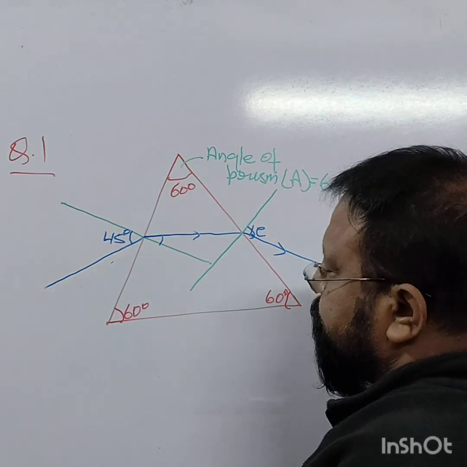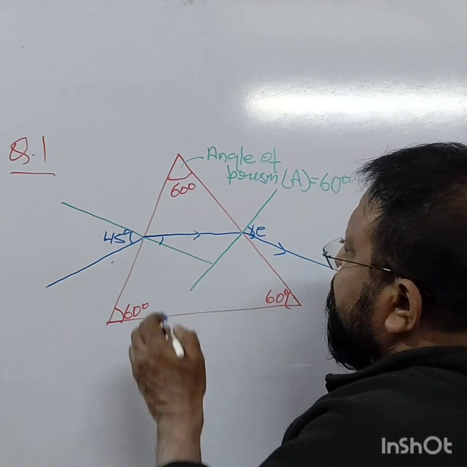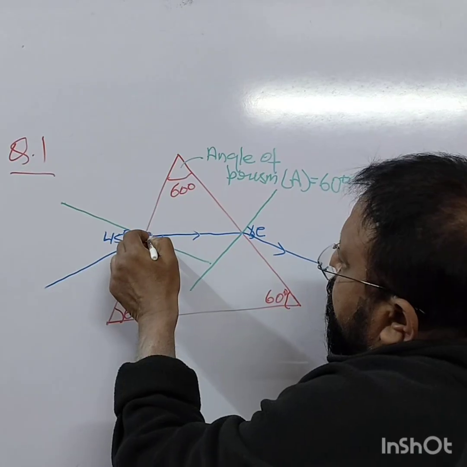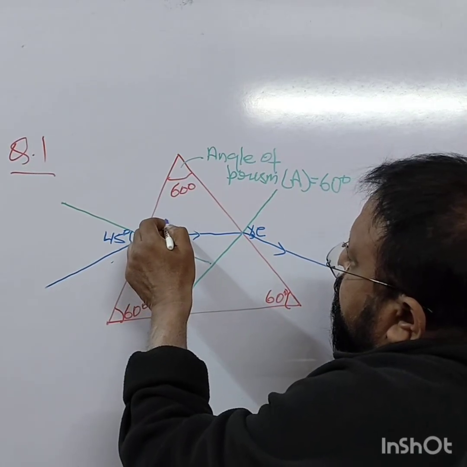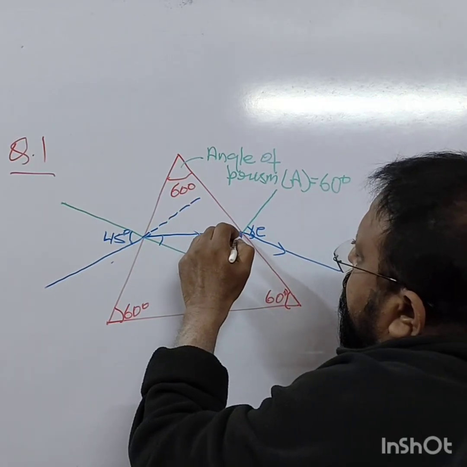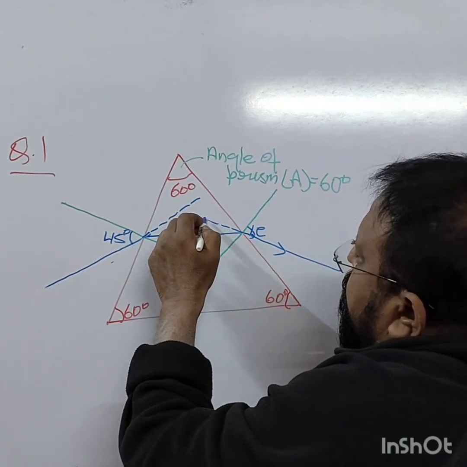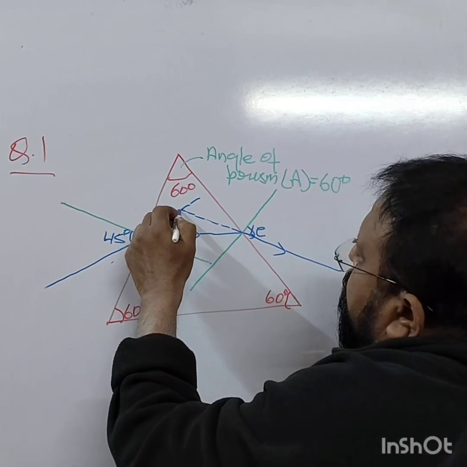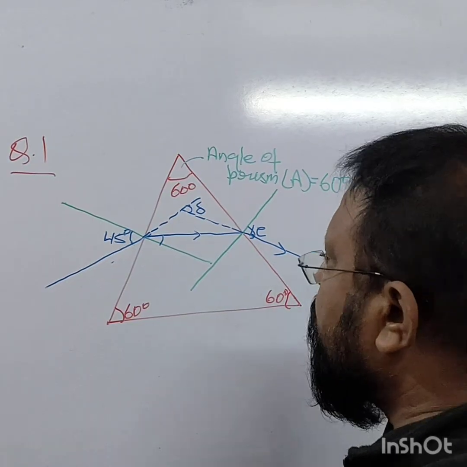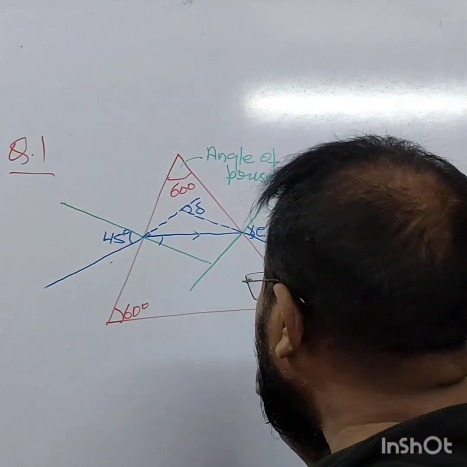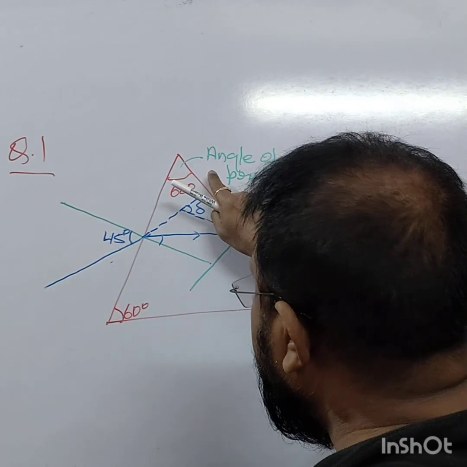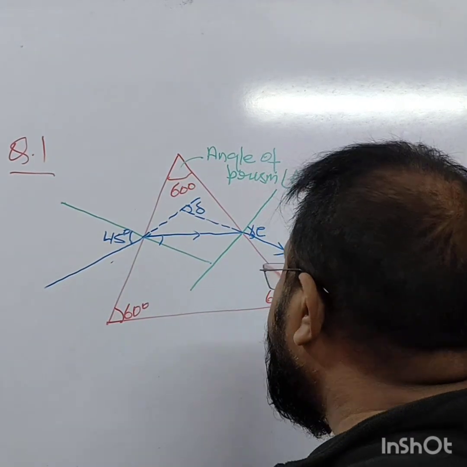Angle of deviation. अब क्या होगा अगर हम इस लाइन को बैक ऐसे मिलाते हैं, इसको आगे एक्सटेंड करते हैं, इसको इधर से एक्सटेंड करते हैं, राइट? तो ये हो गया एंगल ऑफ डेविएशन. ठीक है. अब प्रॉब्लम ये है, we know only angle of incidence, we know only angle of prism.